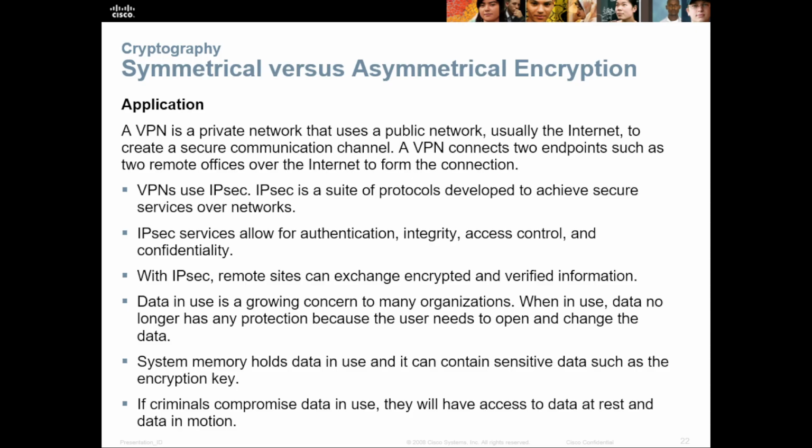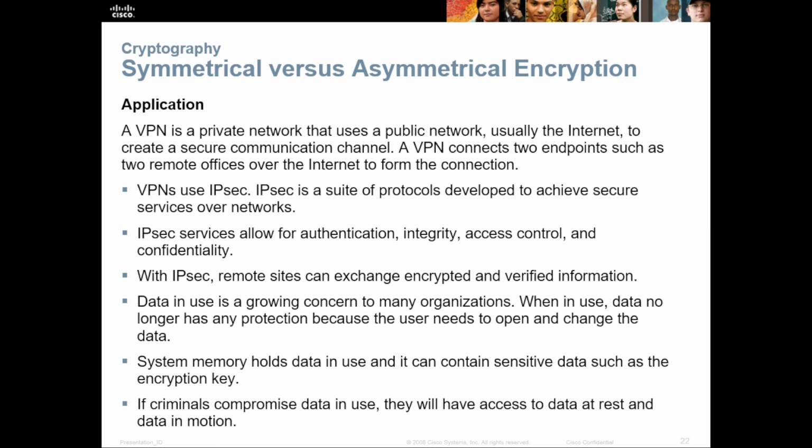So the VPN uses the Internet Protocol Security, right? And the IPsec is a suite of protocols developed to achieve secure services over network. So the protocol security service allows for authentication, integrity, access control, and confidentiality. So with IPsec, remote sites can exchange encrypted and verified information.